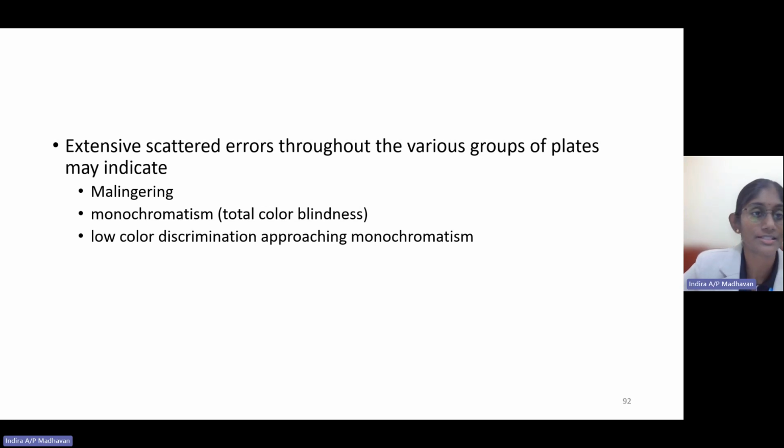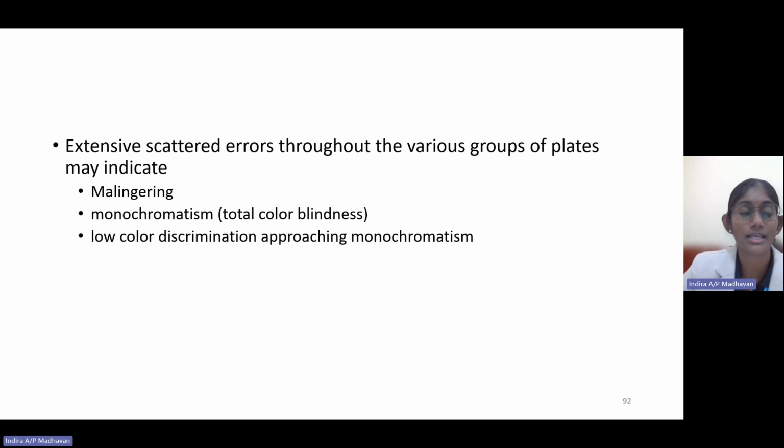Excessive scattered errors throughout the various groups of plates may indicate the following. If the result doesn't show a distinctive way of classifying this patient as protan, deutan, or tritan, this may indicate that the patient is malingering, pretending, or has monochromatism, total color blindness, as we discussed earlier, or low color discrimination approaching monochromatism.